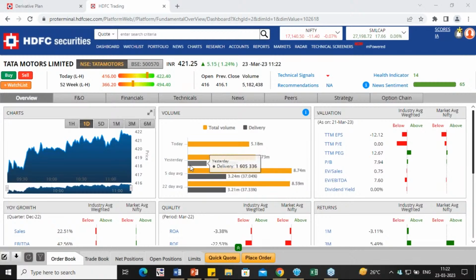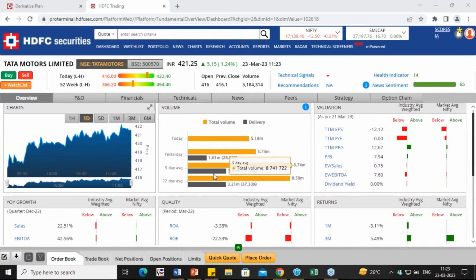We are also giving the information classified into colors: yellow is total volume, gray is delivery, right? Also, we have given the valuation, that means EPS, PE ratio, PEG ratio, the price to book value, dividend yield, everything; all the information we have provided in the valuation itself.